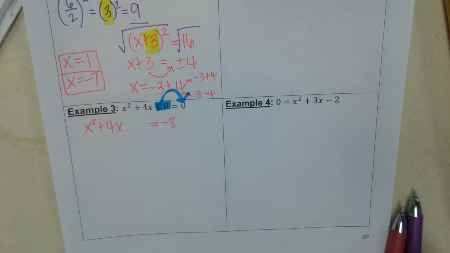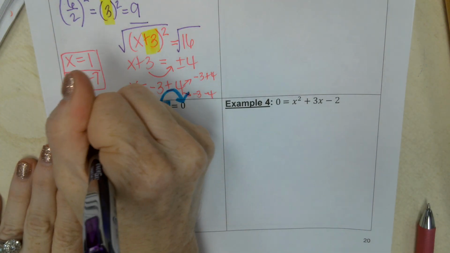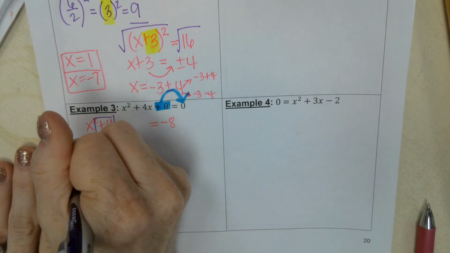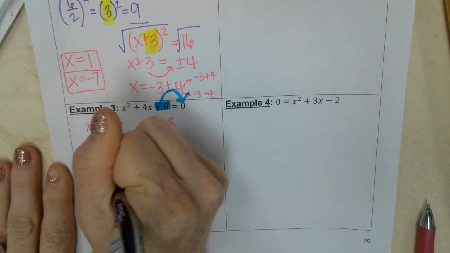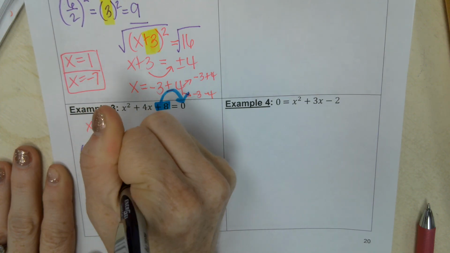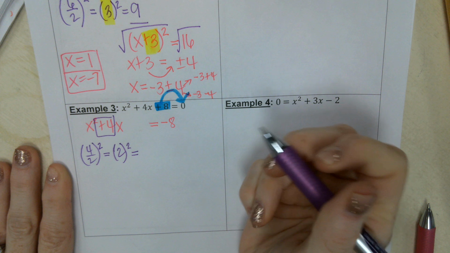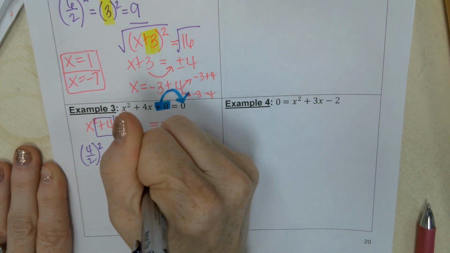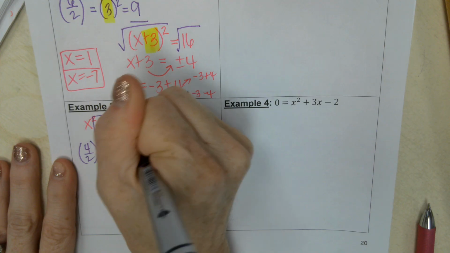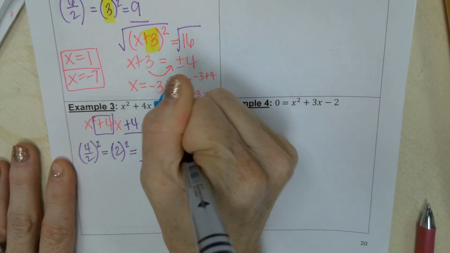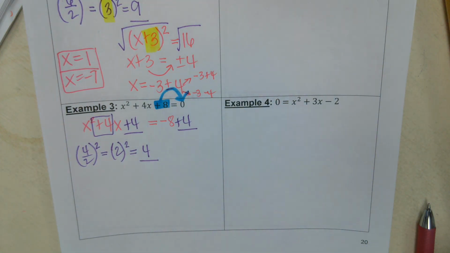This time my b value is 4. So I'm going to take my b value, cut it in half, and I'm going to square it. 4 cut in half is 2, and 2 squared is 4. So I'm going to add 4 to both sides of my equation.